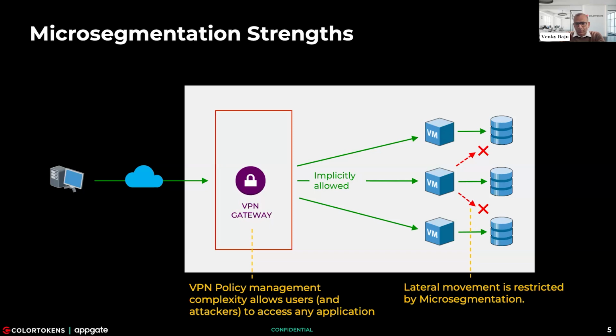But the problem is the moment you start adding remote access and you have a conventional VPN solution, like a VPN gateway or a concentrator, the challenge is that it's extremely hard to ensure that people have access only to the systems that they need. Generally, you come into the VPN and you're allowed onto the network.